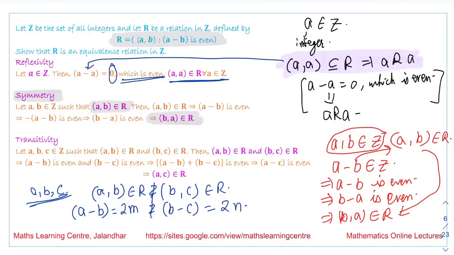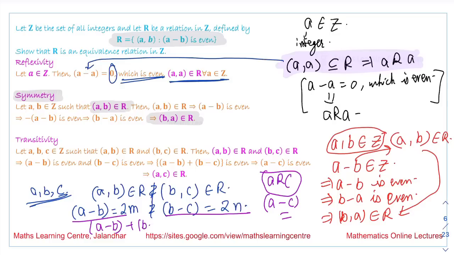What we have to do is check whether a is related to c or not. So we are calculating the value of a minus c. If we add these two equations, we get a minus b plus b minus c equal to 2 times m plus n. The b and b get cancelled, so a minus c is equal to 2 times m plus n.